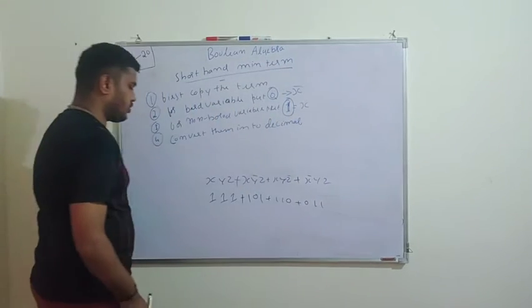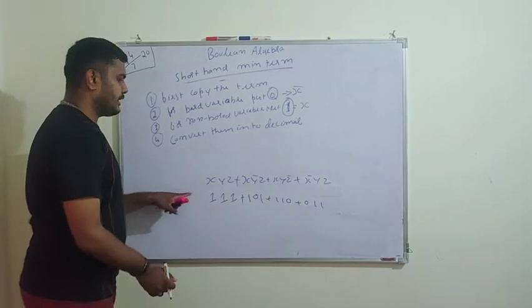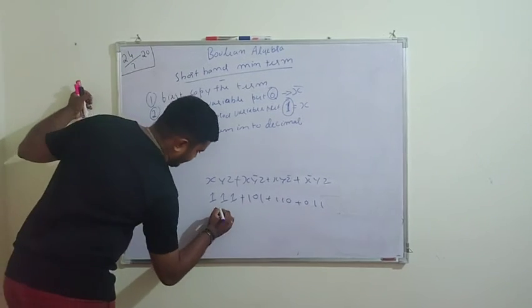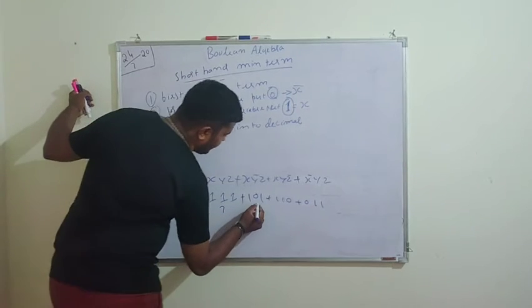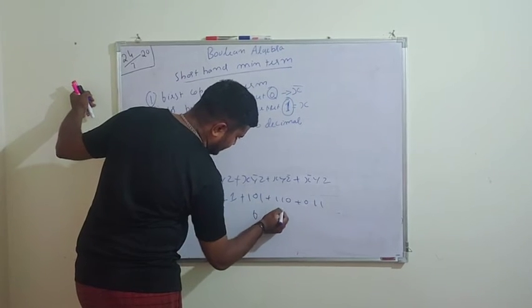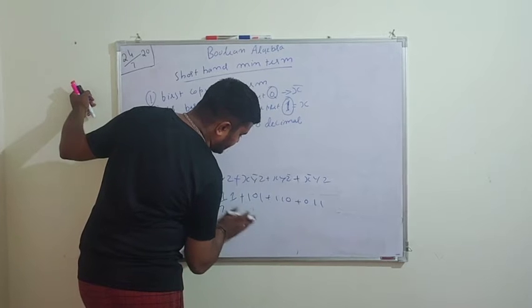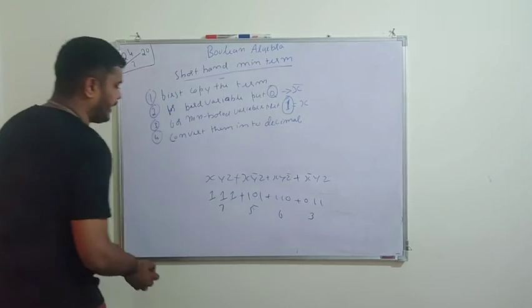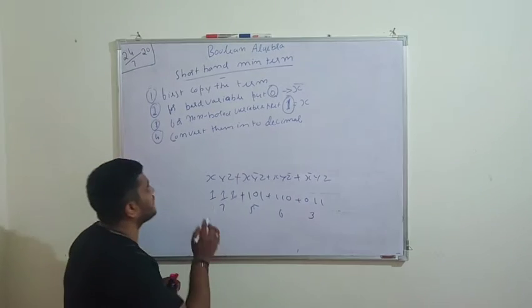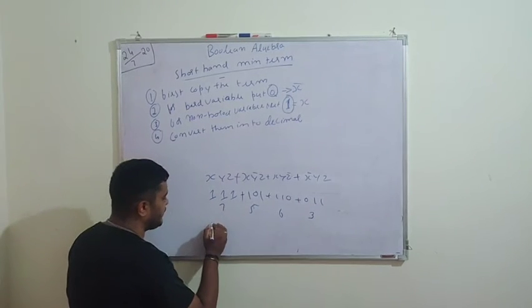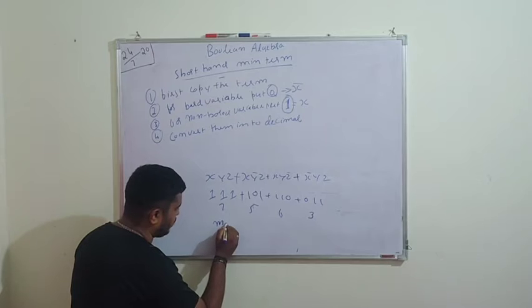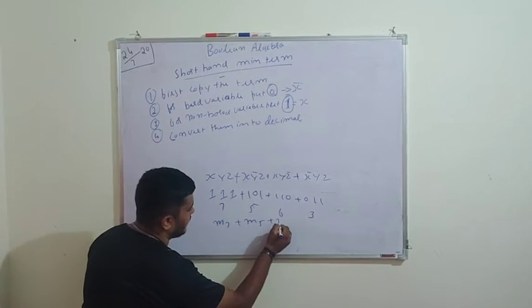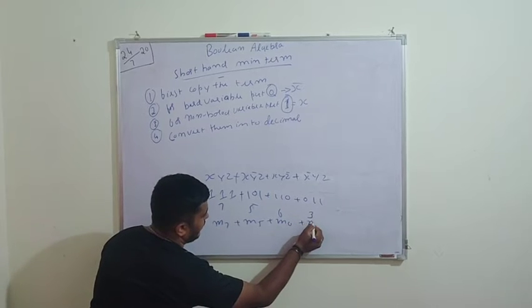Now what you should do? Now you should find the decimal equivalent. For 111 we know it is 7, then 101 is 5, 110 is 6, and 011 is 3. So finally, what you should write? Always when you write a minterm, it is represented by a small m: m7 plus m5 plus m6 plus m3.